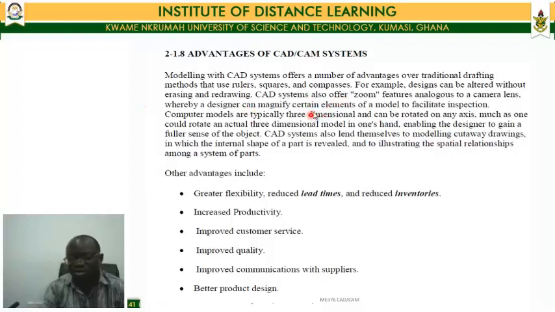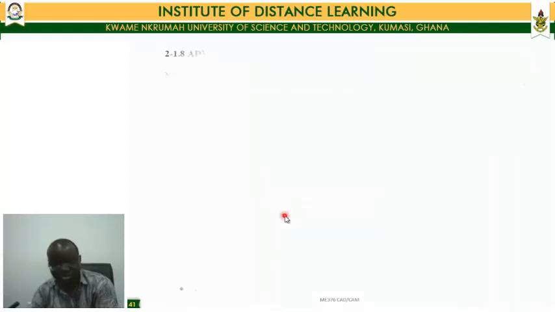CAD systems also offer zoom features that are analogous to the lenses of a camera. Some other advantages you can list, apart from the ones you have already considered: flexibility, reduced lead times and inventories, productivity increment, improved customer service, product quality, communication, supplies, and all that.